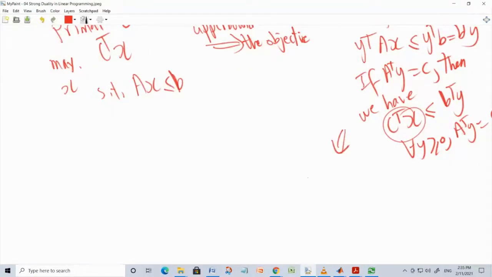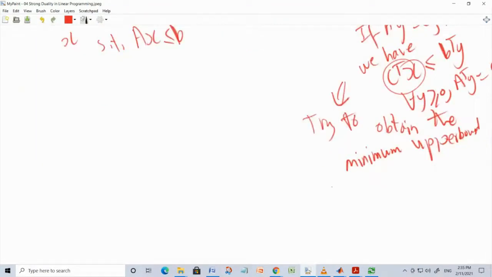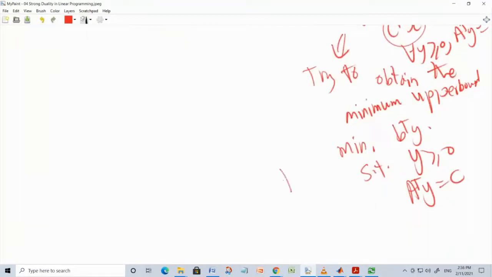Then we try to obtain the smallest upper bound, the least upper bound. So what we will do is minimize b transpose y subject to y greater than or equal to 0 and A transpose y equal to c. And you look at this thing, oh, it's another linear program. It is another linear program, and so it will have this funny name, dual linear program.